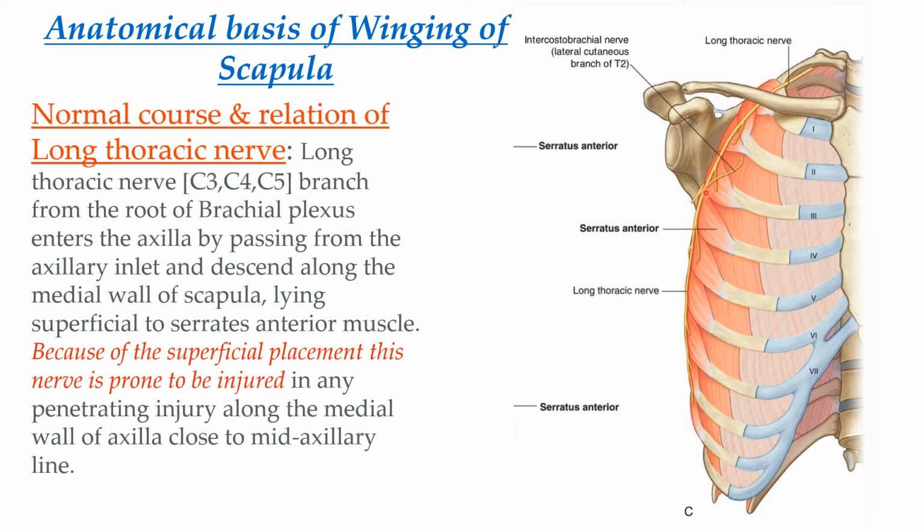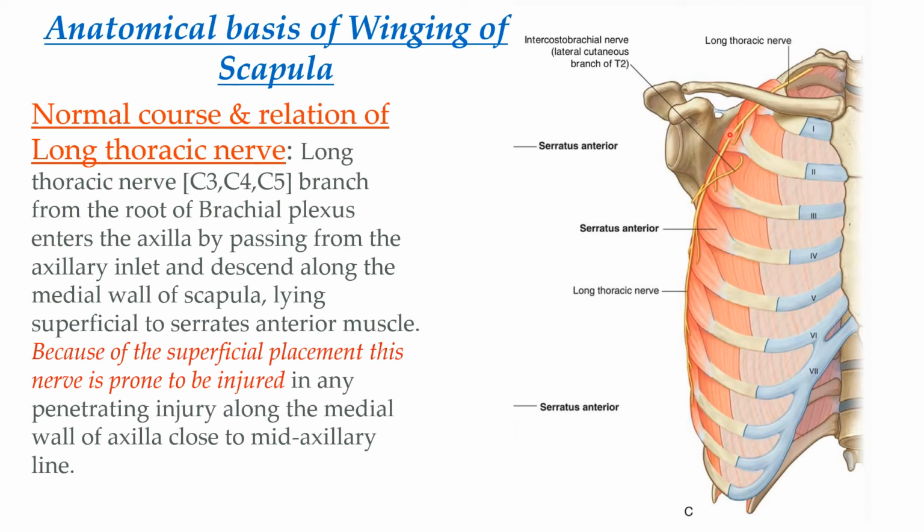This long thoracic nerve, which is also known as the nerve of Bell, is so called because of its long course over the medial wall of the axilla. It arises from the roots of the brachial plexus and has the root values C3, C4 and C5. After taking origin, this nerve crosses the axillary inlet and enters into the axilla.